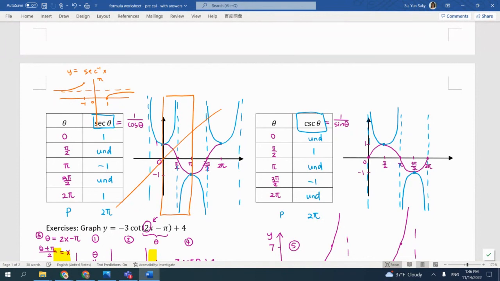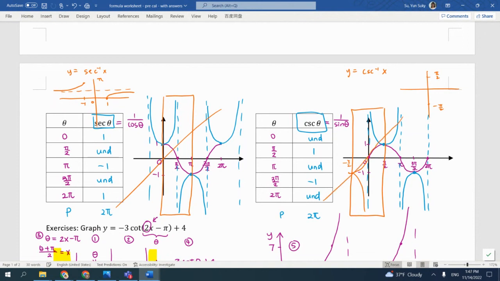How about cosecant? The one-to-one piece, you actually pick here. So this is the piece you pick, y equals cosecant x, from -pi over 2 to pi over 2.